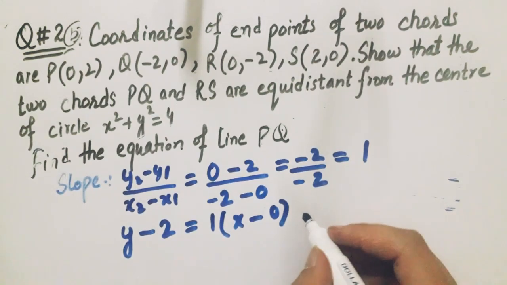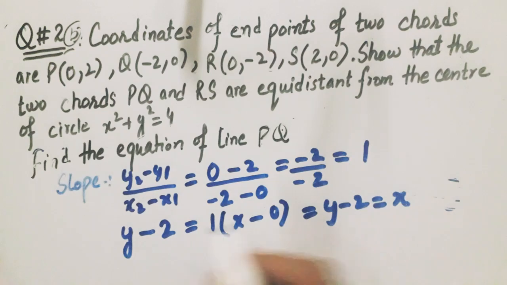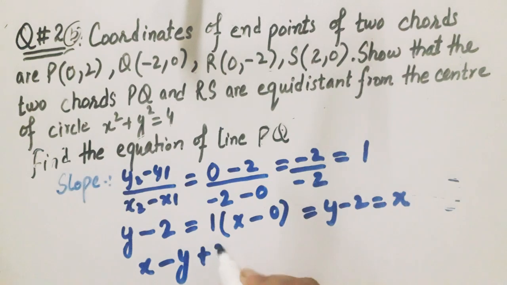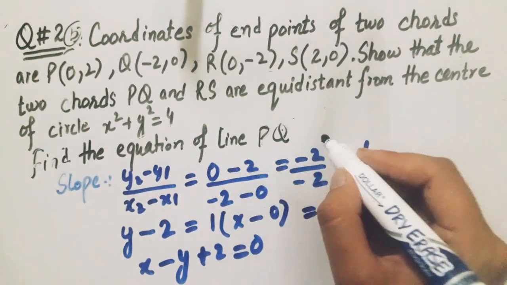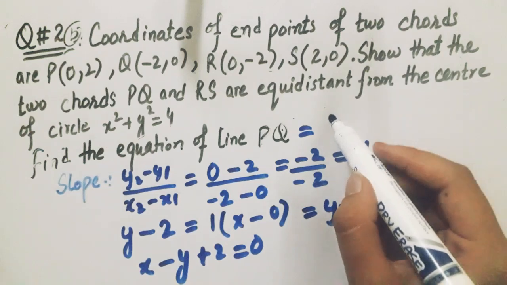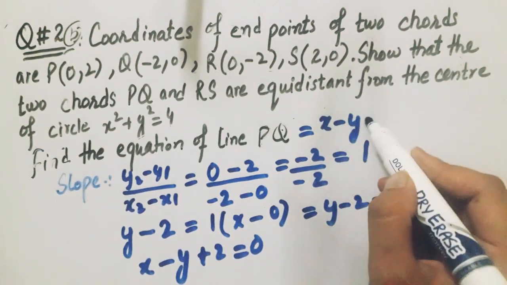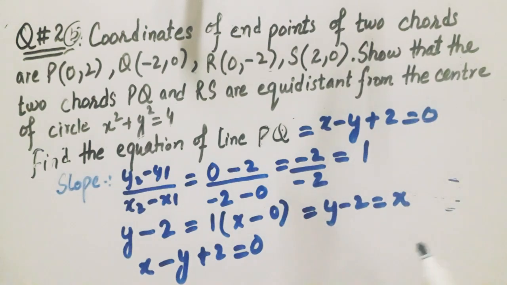So the equation of the line will be y minus 2 is equal to x, then x minus y plus 2 is equal to 0. So the equation of line PQ is x minus y plus 2 is equal to 0.